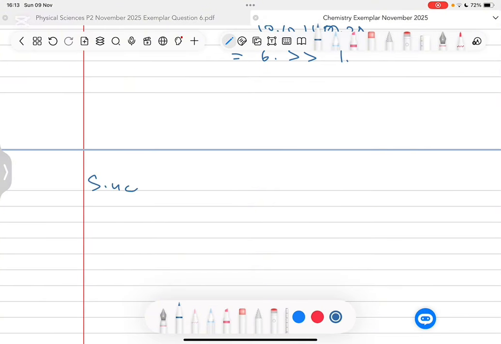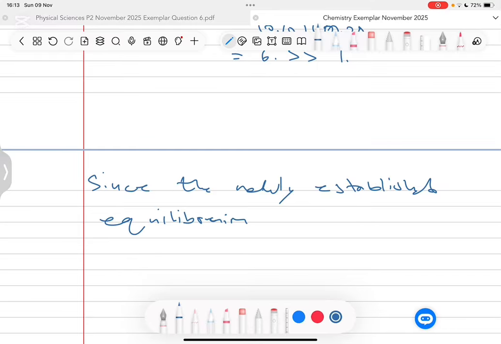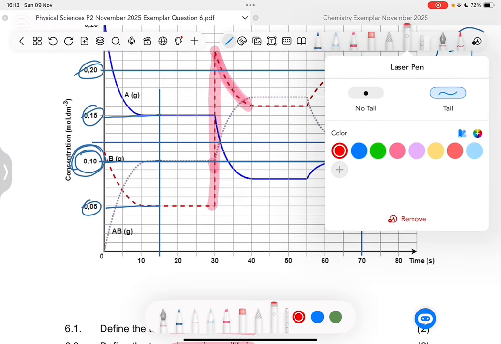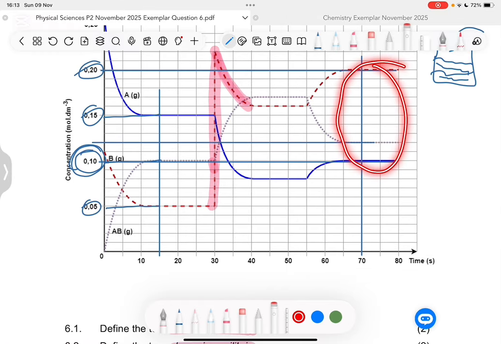I'll say here, since the newly established equilibrium, which equilibrium am I referring to? I'm referring to this equilibrium here.